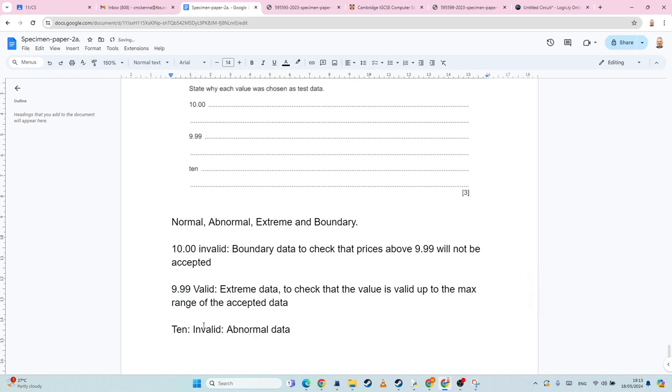So it's data that's designed to be wrong. And what's it testing? To test if the system is correctly handling an unexpected data type, and we could say string when int expected.